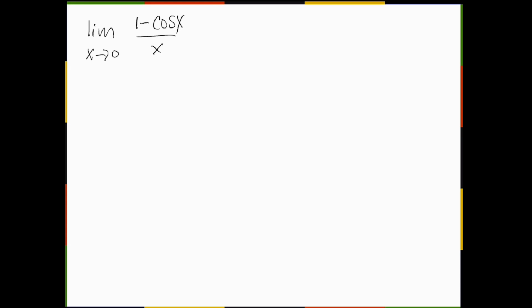If I sketch a graph of the function 1 minus cosine x over x, where it's close to 0, it's going to look something like this. Not a very good sketch. Again, use your calculator to get a better look at it. But what I'm going to do is use the two functions, absolute value of x and negative absolute value of x. So this in black is 1 minus cosine x over x.